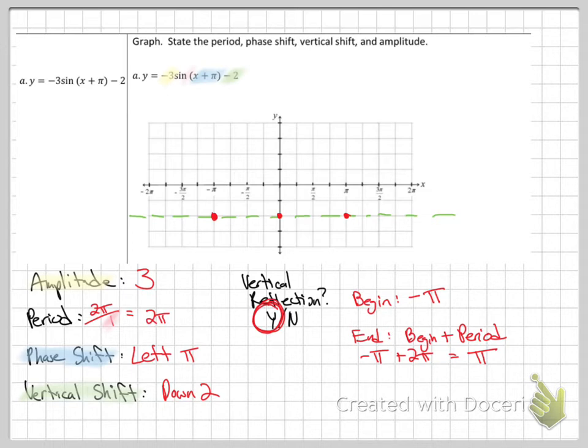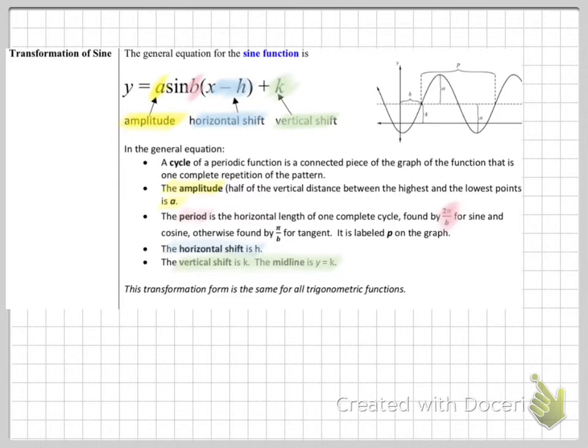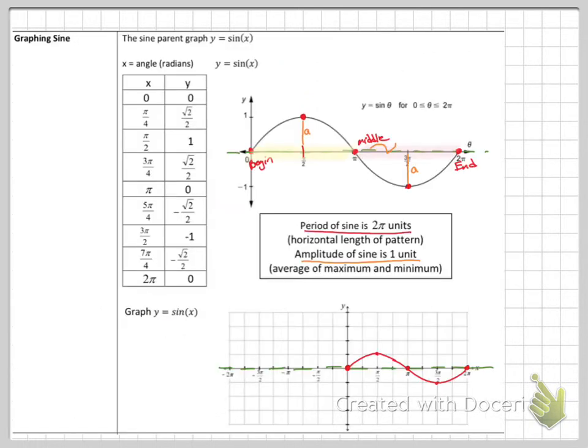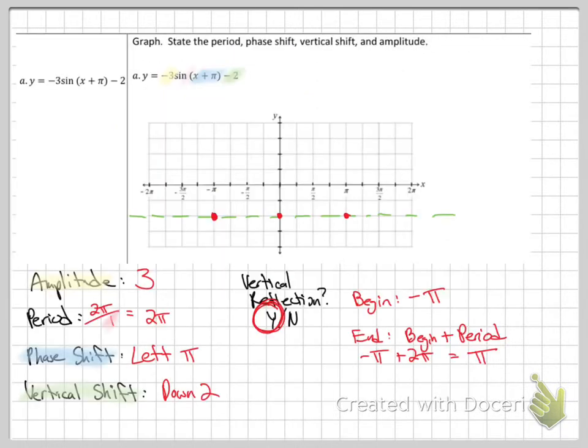Now we need to take a break. So it does have a vertical reflection. So what color did I make it randomly? Yellow and pink. That's probably not a good idea. So I don't know. Purple. This half of my graph, I can see the middle of that half. The middle tick mark, that's just a tick mark, would be at negative pi over 2. But this has a vertical reflection.